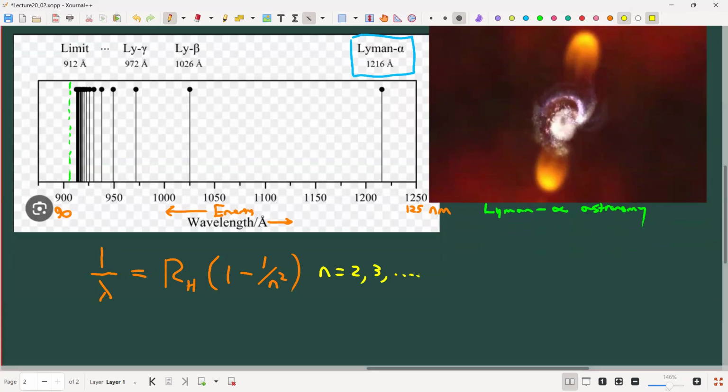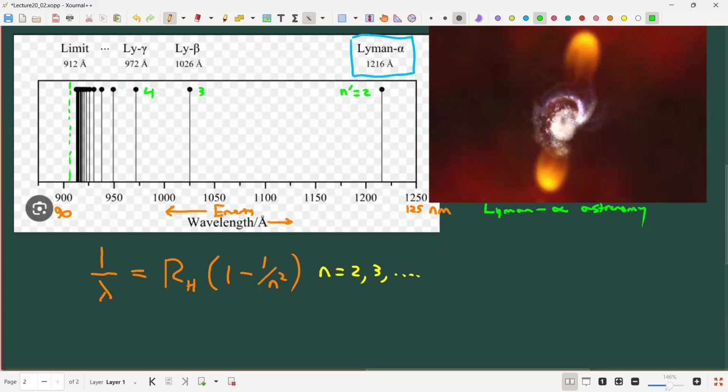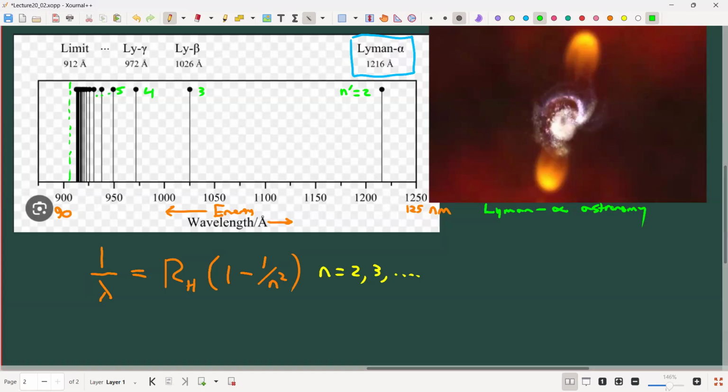All right, and what he shows is that if we assign each of these lines an index n, the first one is 2. This one is 3, 4, 5, and so on. This fits perfectly.